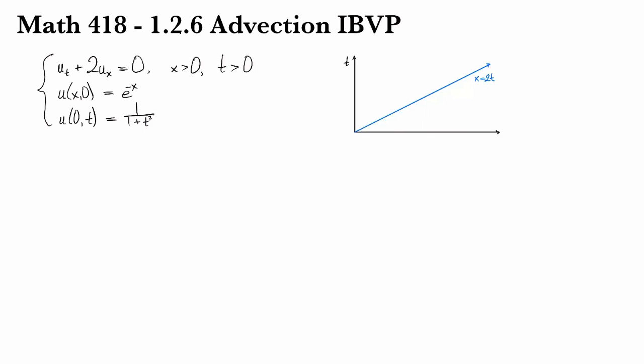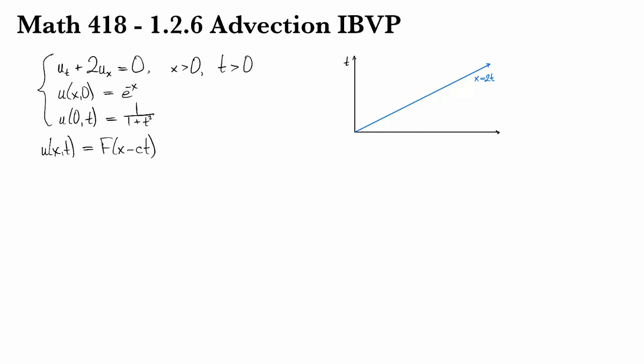So let's see. If we look at this situation, we know that our solution u of x, t from the previous sections is going to look like f of x minus ct by the method of characteristics.